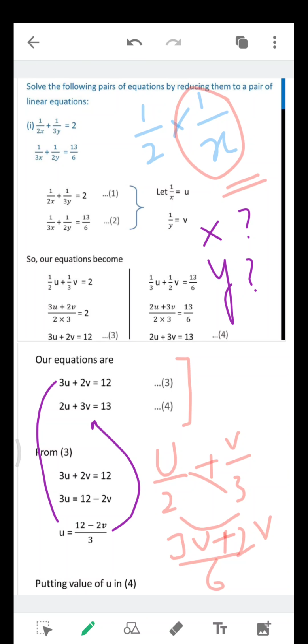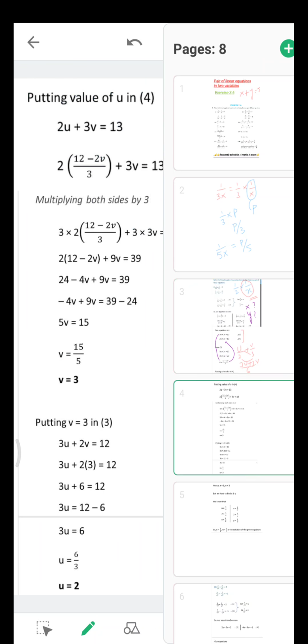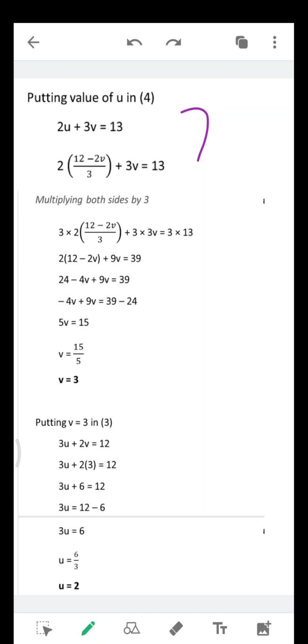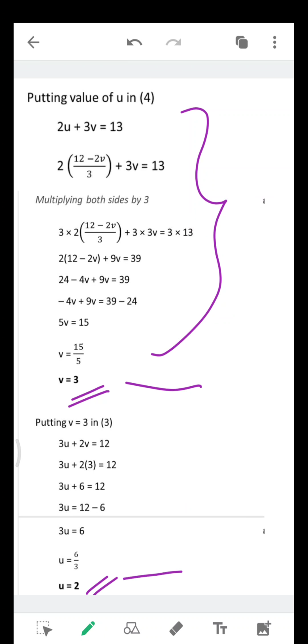First we'll find u and v. Continuing by substitution method, we got the v value as 3, and we'll put this v value in equation 3 or equation 4. We'll get the u value as 2. So this is nothing new for you. You can get these v and u values by elimination method also, that doesn't matter. Solve by any method which is easy for you.